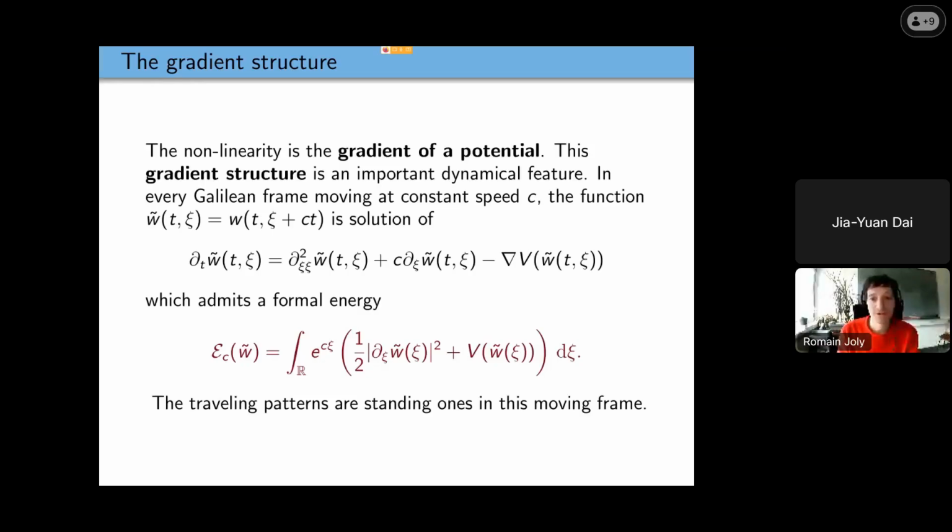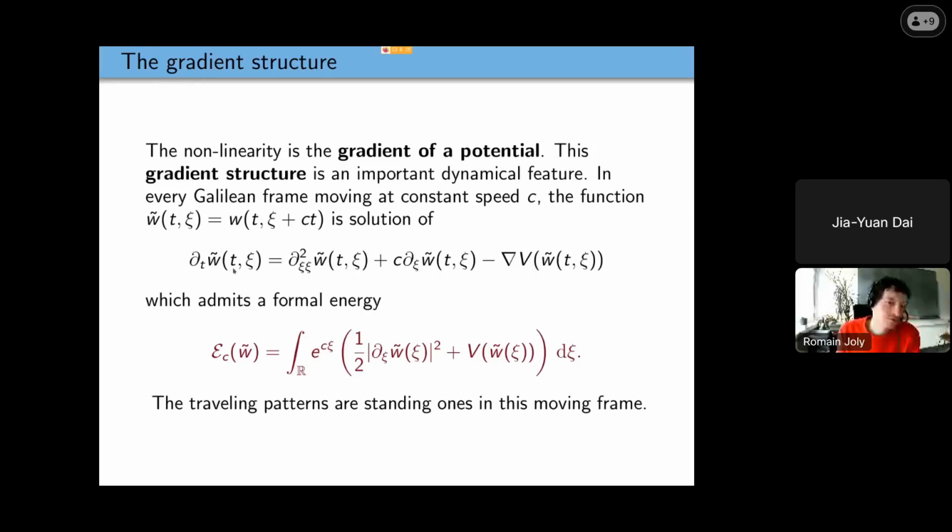But what is very important also is that you have this kind of energy in any Galilean frame moving at a constant speed. By this I mean, if you look at a frame moving at speed c, you have to change the variable. So the new solution is w tilde, the same but in the moving frame.